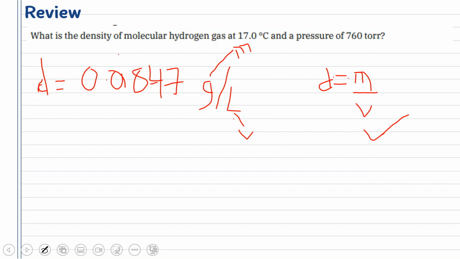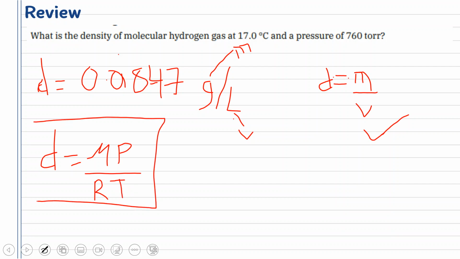Great. So this is just a quick review. I wanted us to go over what we've been doing, and remember the main formulas we arrived at. We derived the density formula from the ideal gas equation, which is molar mass times pressure divided by the gas constant times temperature.